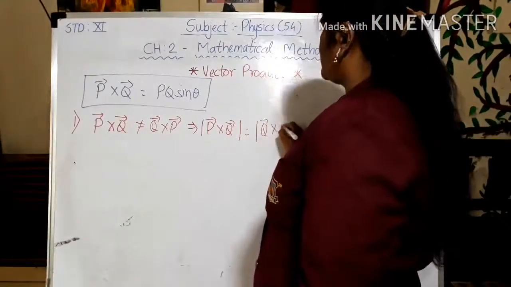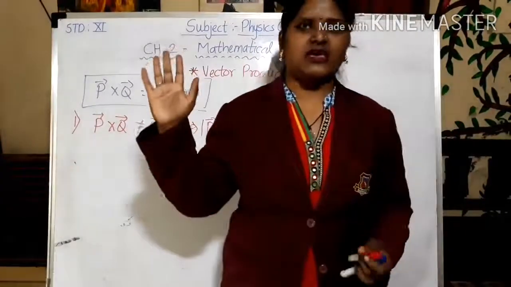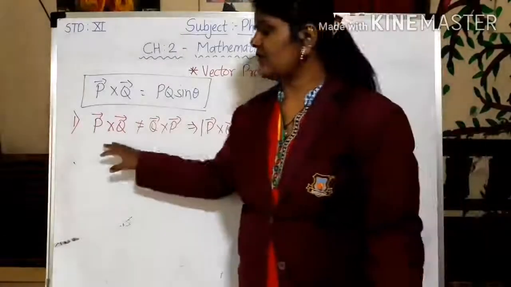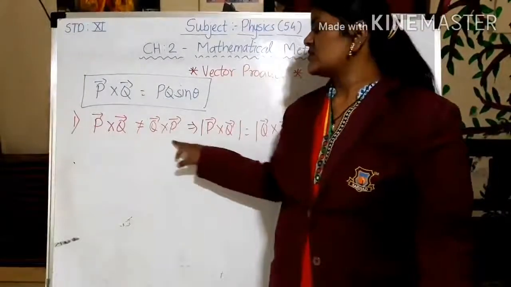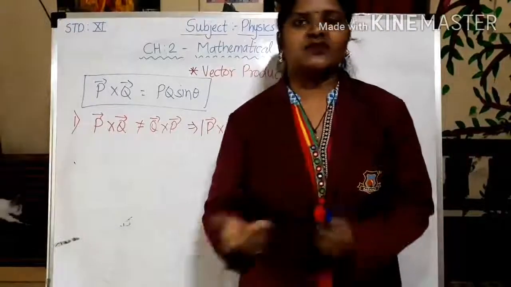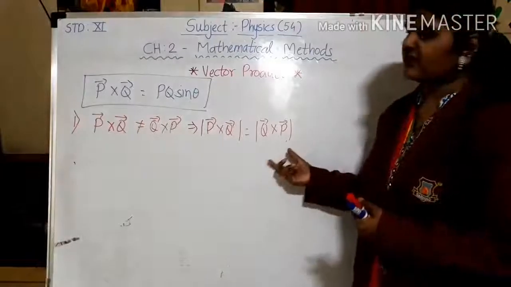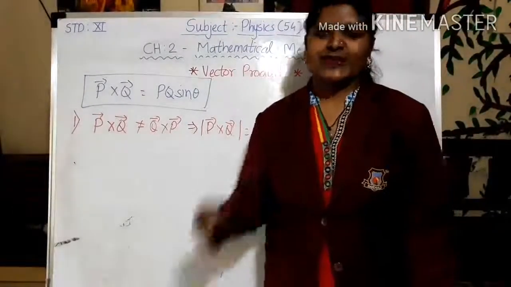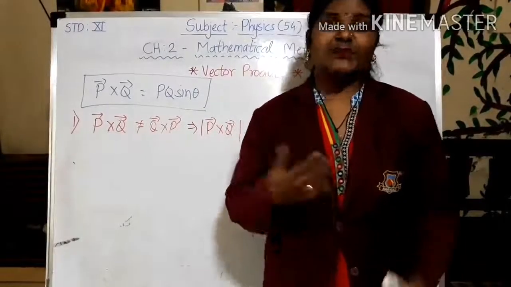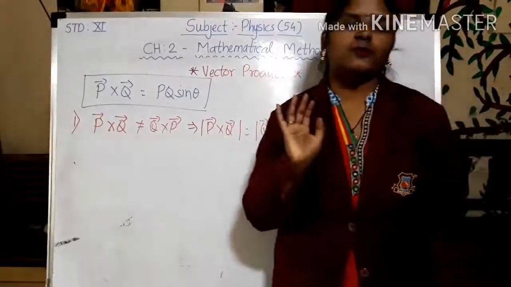What is the meaning of this? The mod denotes that we can ignore the sign. When you are multiplying two vectors, this comes out in the opposite direction. To reduce that error we can put a mod to both of them, so that we can say the commutative law can be obeyed, but only when you put a mod to it.